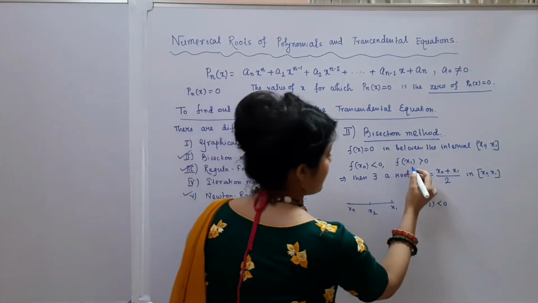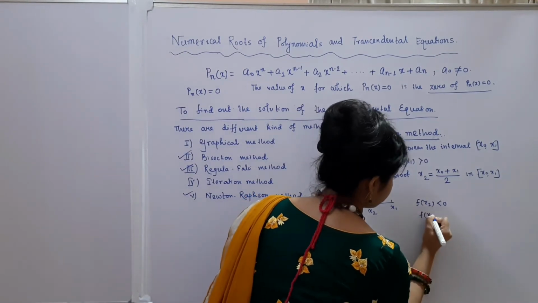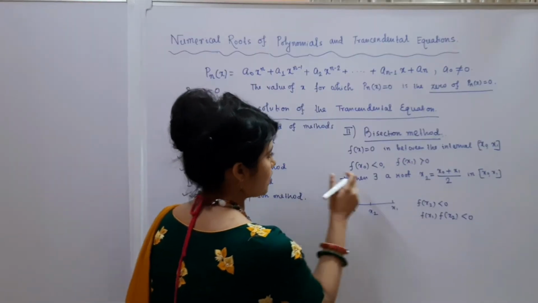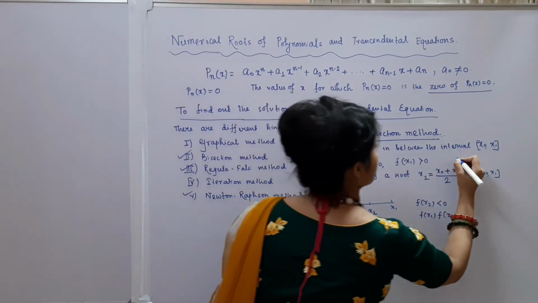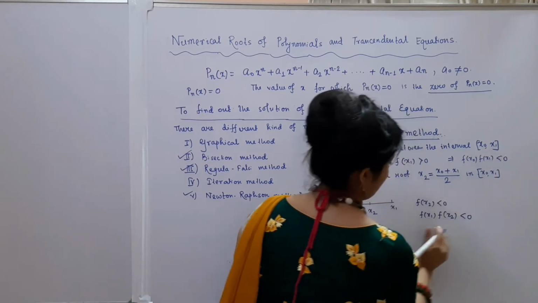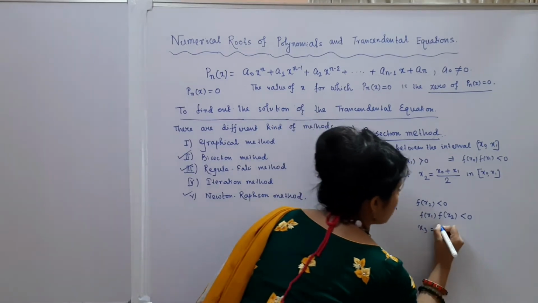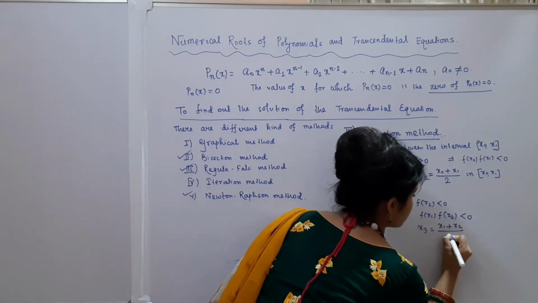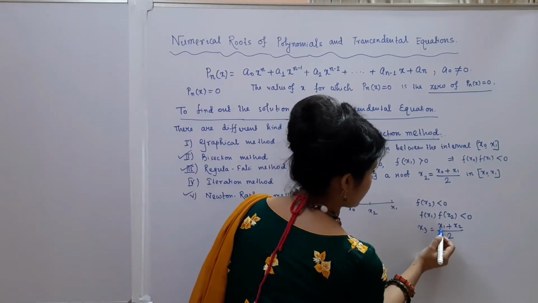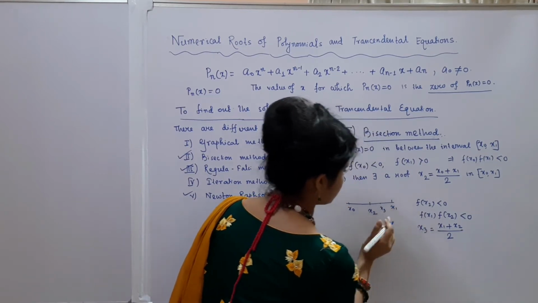So if f(x2) is less than 0, then f(x1) into f(x2) is less than 0, so they are of opposite sign. This shows that obviously f(x0) into f(x1) is less than 0. So f(x1) into f(x2) less than 0, then there exists an x3, that will be (x1 plus x2) by 2, between x2 and x1.